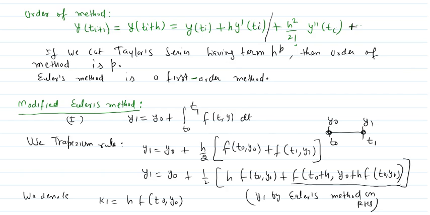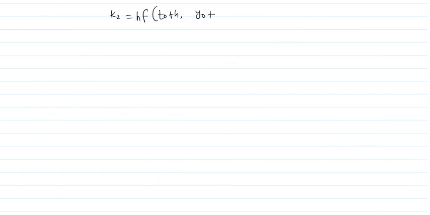Okay, so this is just k1, so y0 plus k1. So now we have y1, that is y0 plus 1 by 2 (k1 plus k2). Okay, so in general we have, and so on. So this is called modified Euler.